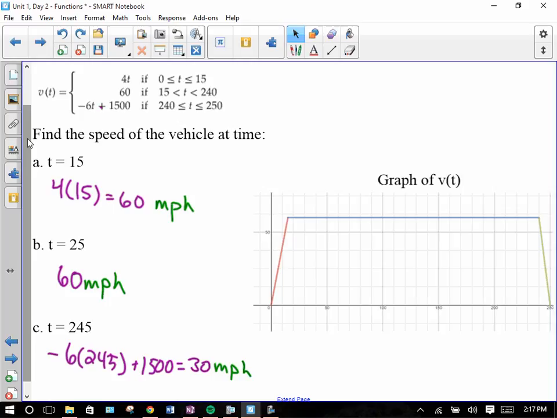This is constant. We knew it because we said 60 miles per hour from here to here, that's constant speed. This is a constant function right here. It's not changing. And right here we're slowing down, so our speed is decreasing. Therefore, this function is decreasing from 240 to 250.